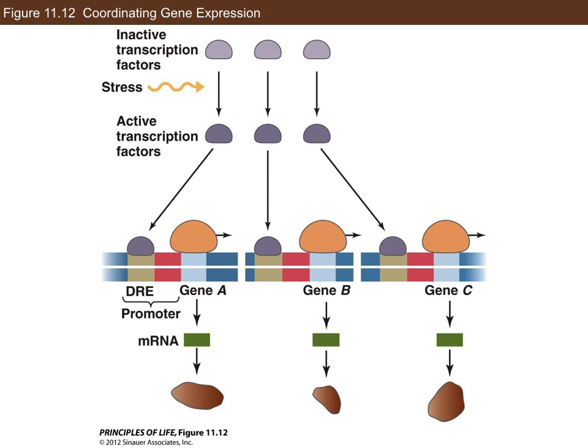Because the same activator can turn on lots of different genes, the proteins coded for by those genes are all made at the same time, which is important because you need them to work together to protect the plant during that drought.